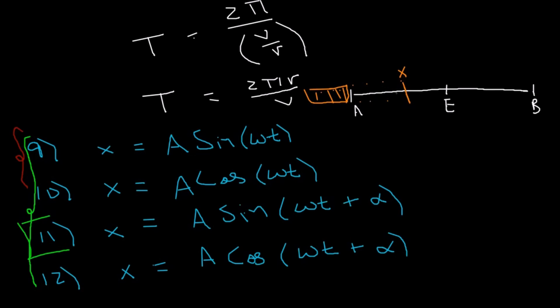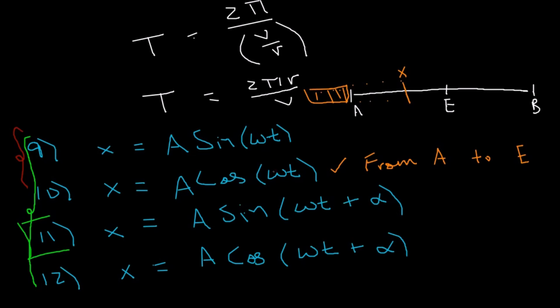When it's going towards the center, you're going to use A cos. You're going to use this equation over here. This is the equation you use when something is coming from the amplitude to the equilibrium point. X is equal to A cos omega t.